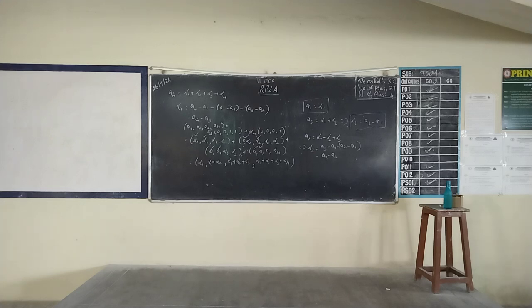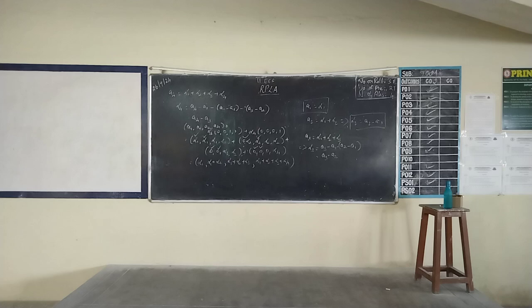When you started the procedure, you assumed an equation: the vector A1, A2, A3, A4 is equal to alpha 1 U1 plus alpha 2 U2. In that, you have to replace all your alpha values. What is alpha 1? A1. So A1 U1 plus, what is alpha 2?